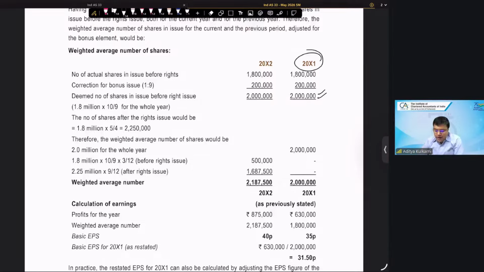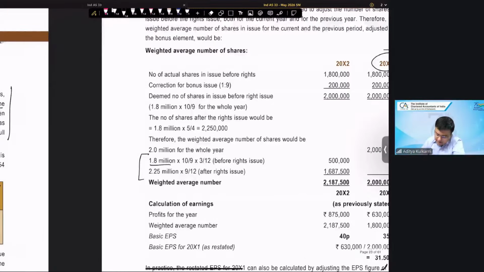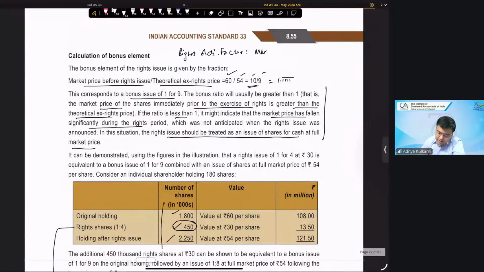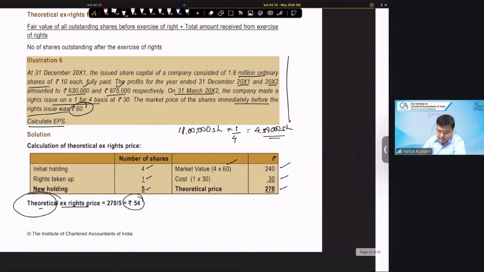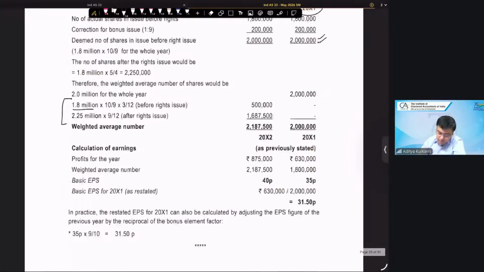Now, when I talk about current year, you can look at this. 1.8 million. This is the number of shares that you had, 18 lakhs. When is the rights issue happening? The rights issue is happening on 31st March 20x2. That means Jan, Feb, March, 3 months. So 18 lakh into 3 by 12 for 3 months into 10 by 9.